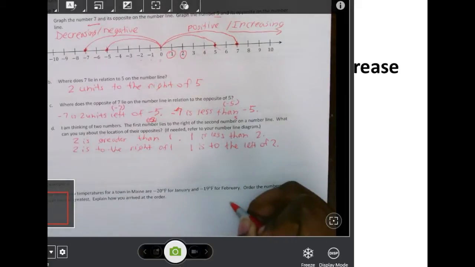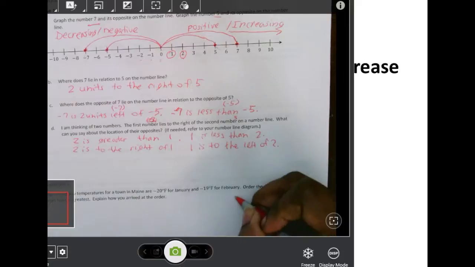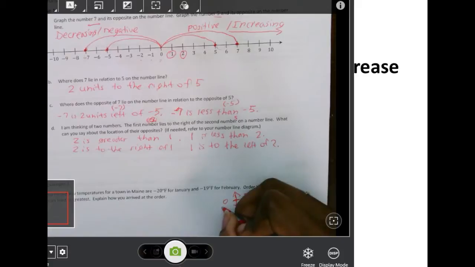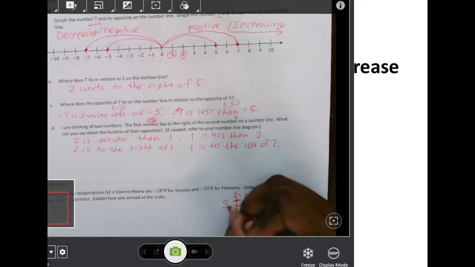Because it goes from negative 20 to negative 19, let's use a portion of the number line to answer this question. If we represent positive numbers here, we're going to use negative numbers all the way below the line. So this is 0. And this is -2, -4.